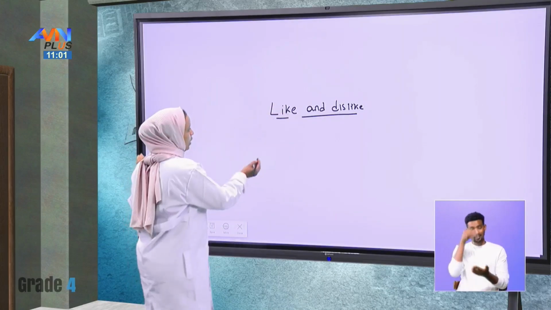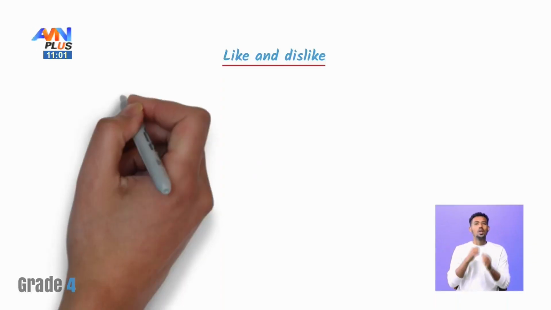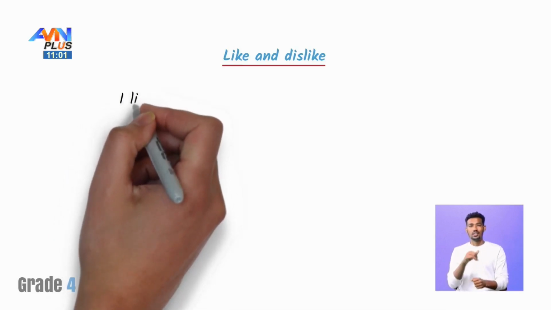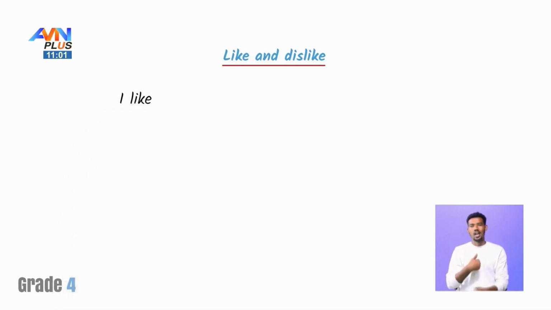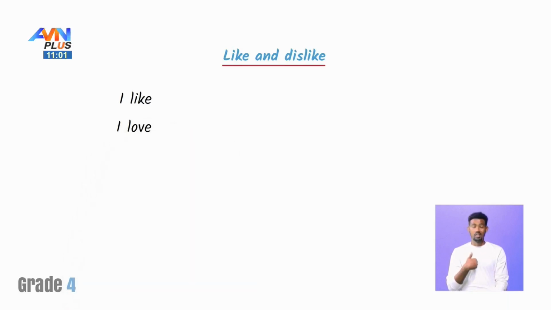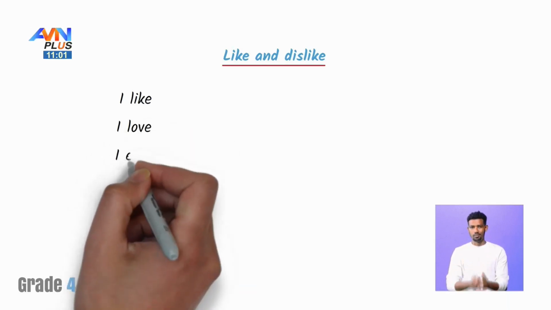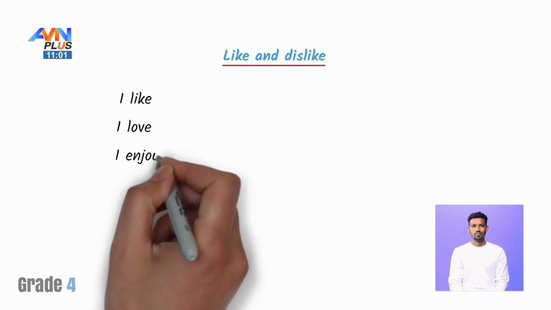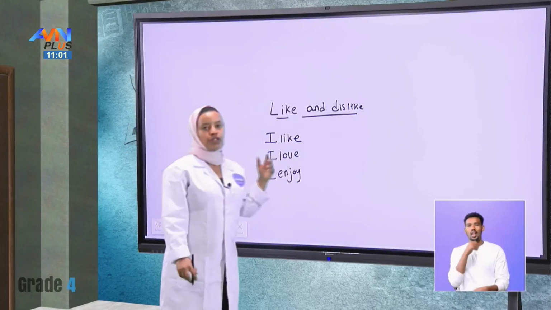When we come to like, we can use I like as a vocabulary. I like, I love, and also you can say I enjoy. When we come to dislike, you can use different vocabulary.